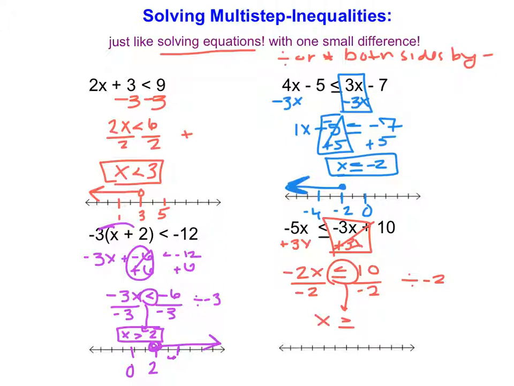So we're left with x on the left, and on the right we're left with negative 5. So then from here, we're going to go to our number line. I have negative 7, negative 5, negative 3. I put a closed circle at negative 5, and then I want numbers bigger than negative 5, which means I go towards the negative 3.